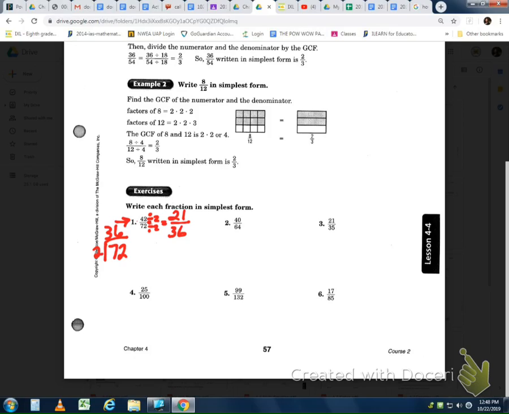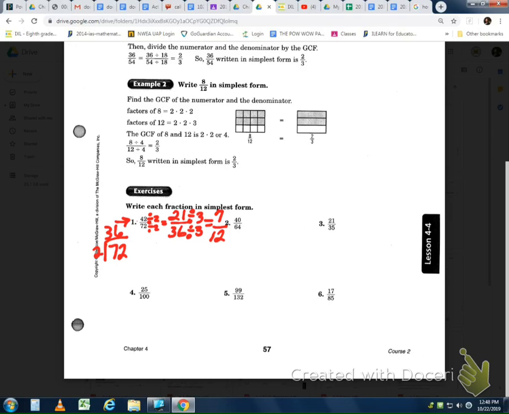So I've got 21 over 36. They're not both even, so I can't take out another 2. Do you know any other thing that would go into 21 and 36, Michael? 3. Let's try dividing both of them by 3. What's 21 divided by 3? 7. What's 36 divided by 3? 12. So 7/12. Tell me what you know about 7.